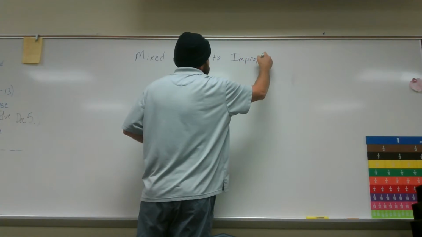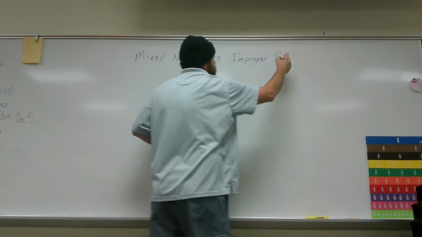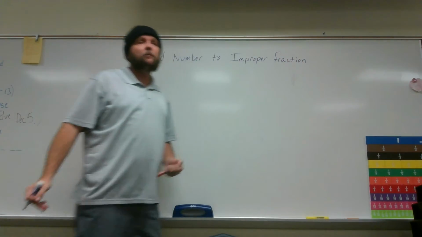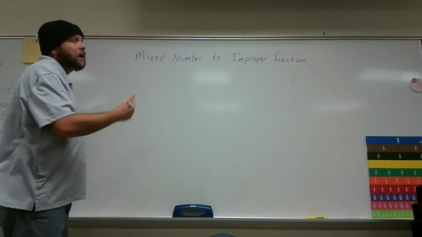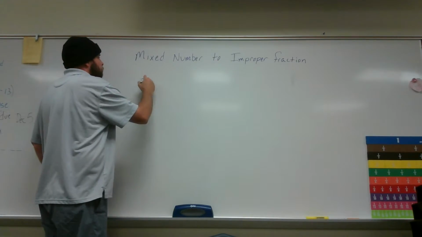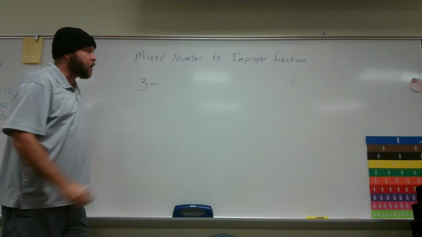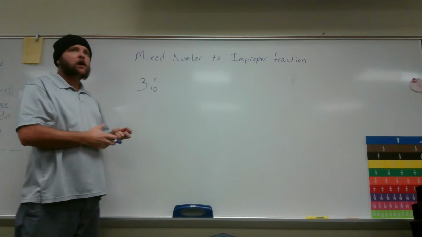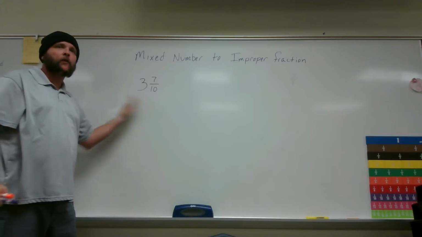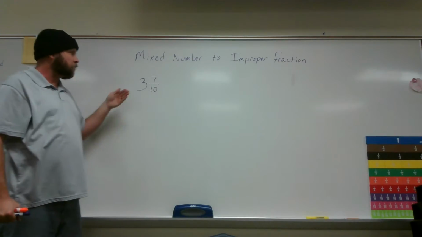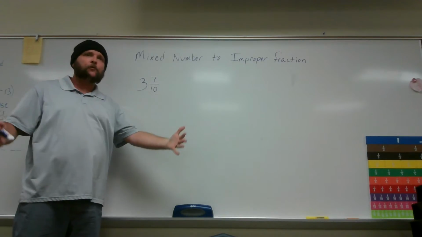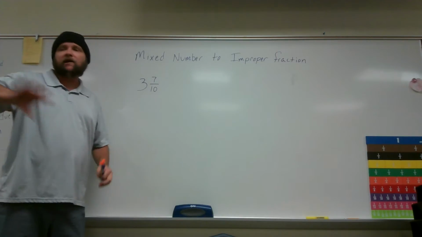Now, a mixed number, as we know, has a whole number and a fraction part. Mixed numbers are always going to be greater than 1. So I have a whole number, 3, and my fraction is 7/10. That means I have 3 wholes, and then 7 out of the 10 parts of another.